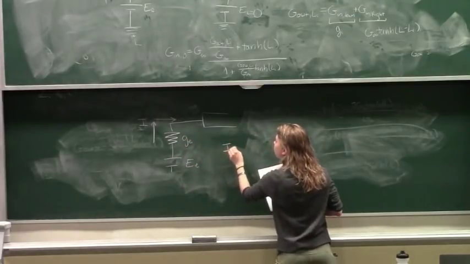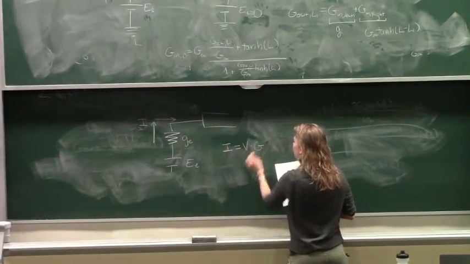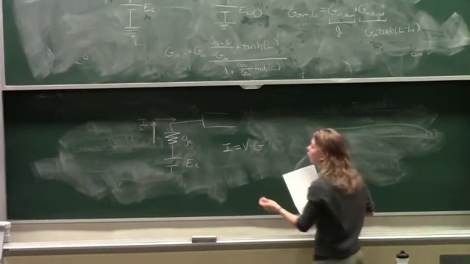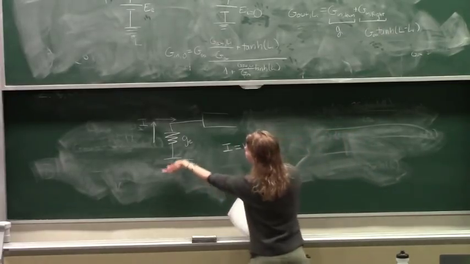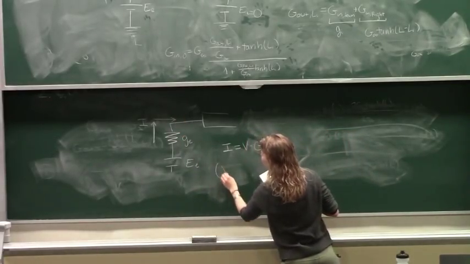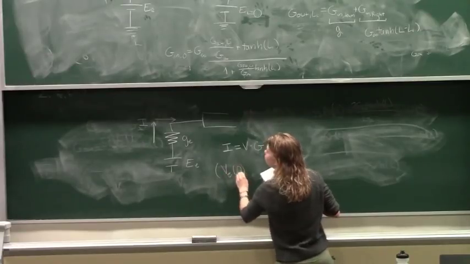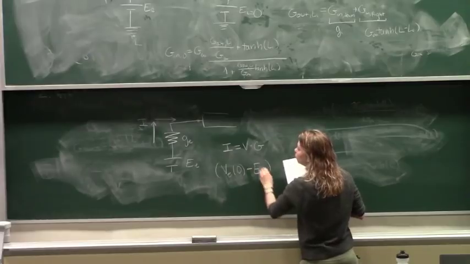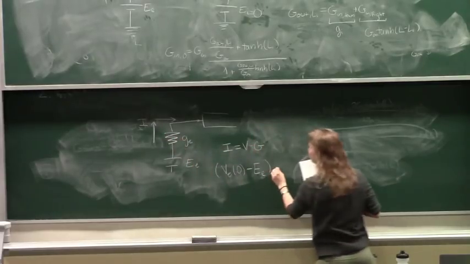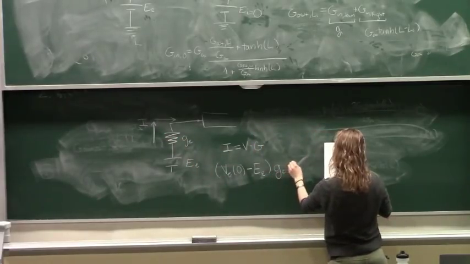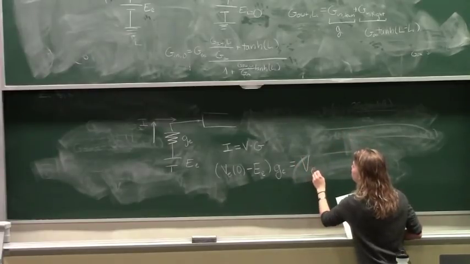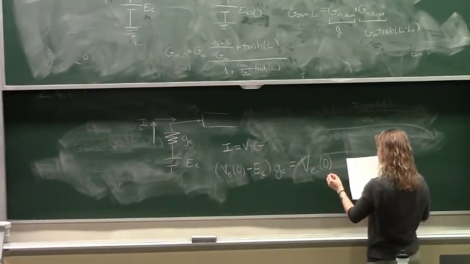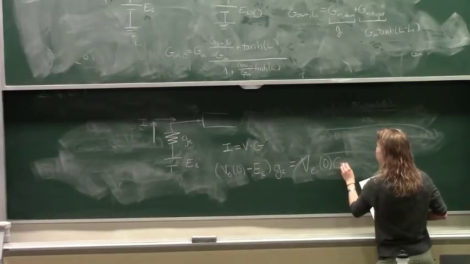So I is equal to voltage times conductance. So we're going to look at the current exiting this part of the resistor, which is VEI at 0, which is here, minus EE, this is the potential difference across this resistor, times GE, is equal to VEI of 0 times G in 0.